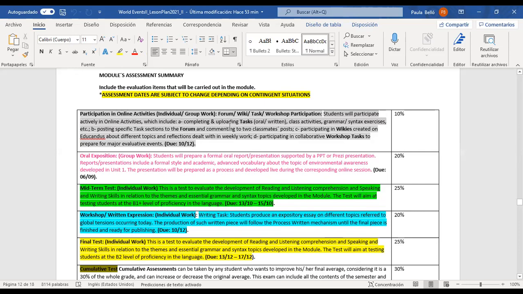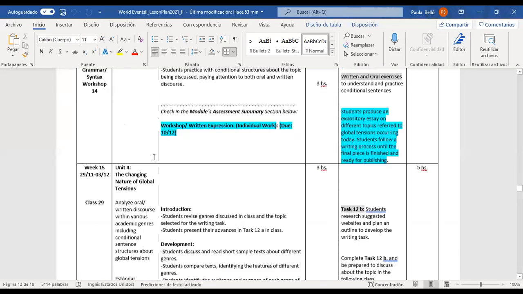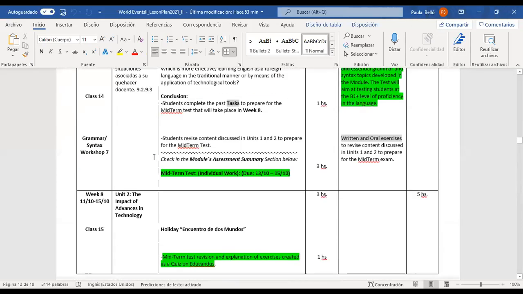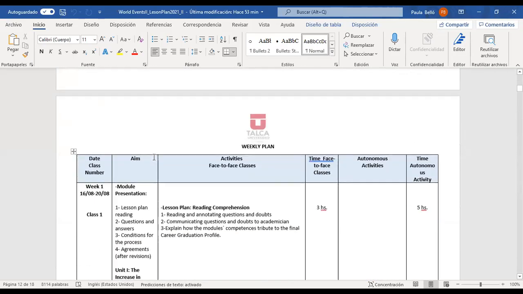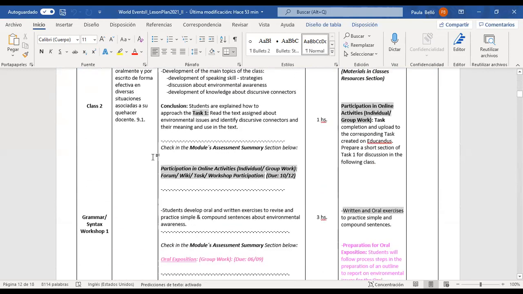As I was explaining, some of them are collaborative, some others are individual to work with. Then we have the oral exposition, which will be in a group, and you will receive feedback. So it's not that you come one day and speak. No, you will prepare in process, but that means you need to work.